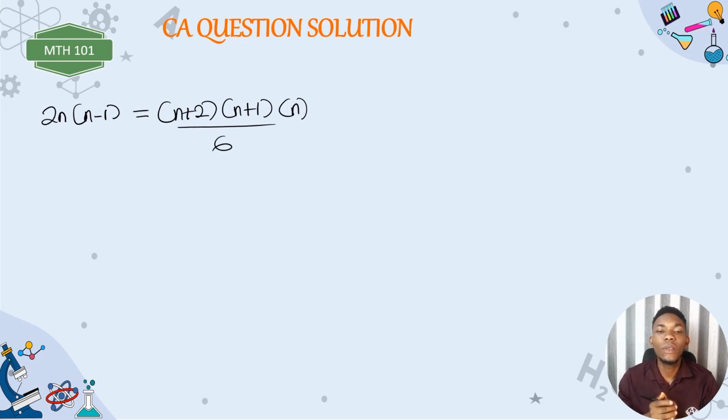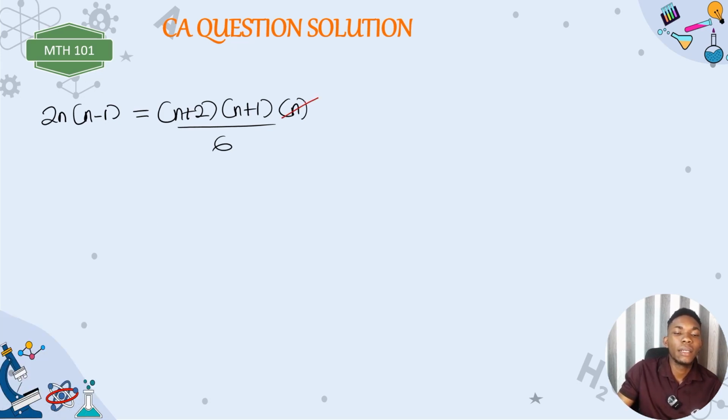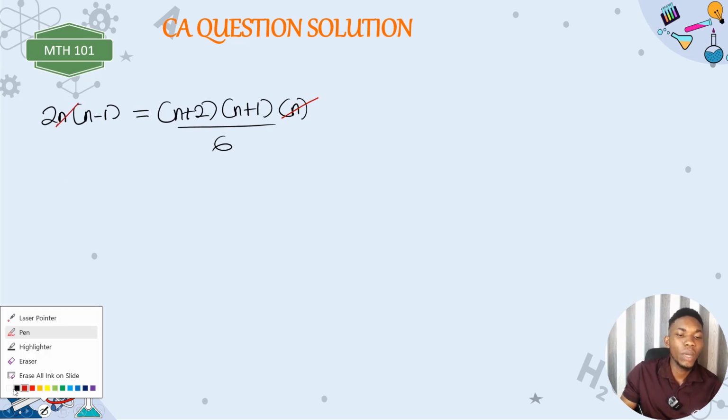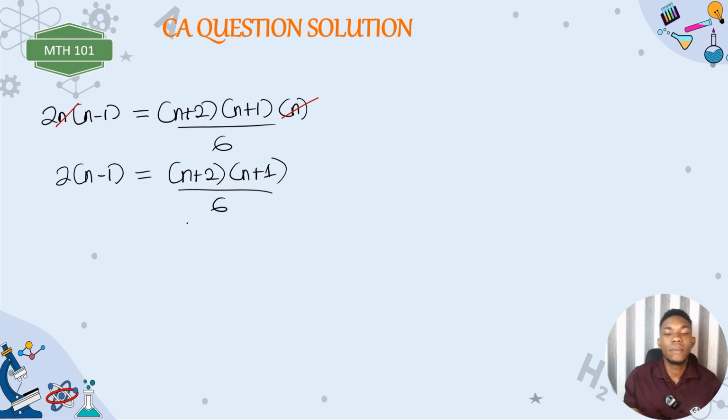Now, at the end of the day, the n here can cancel the n from here. So 2 multiplied by n minus 1 is equal to n plus 2 bracket n plus 1 divided by 6.